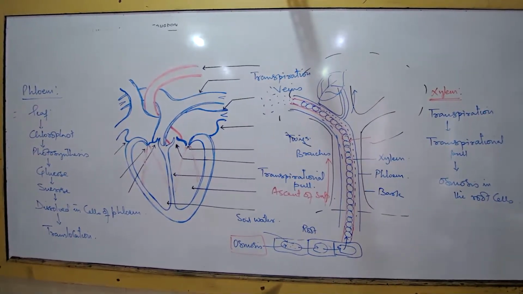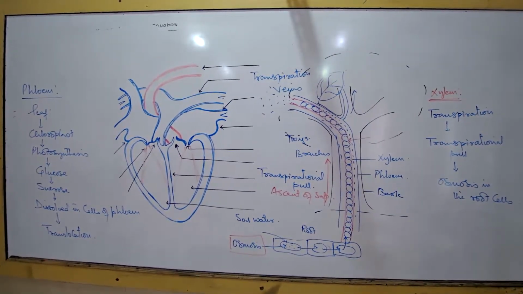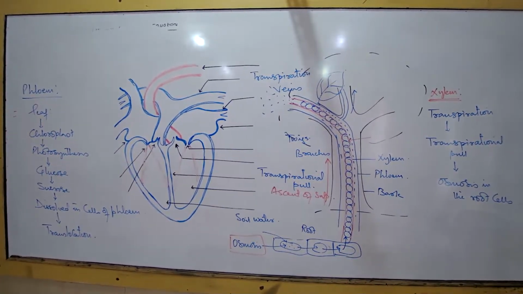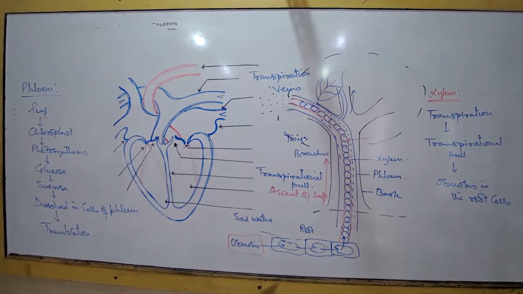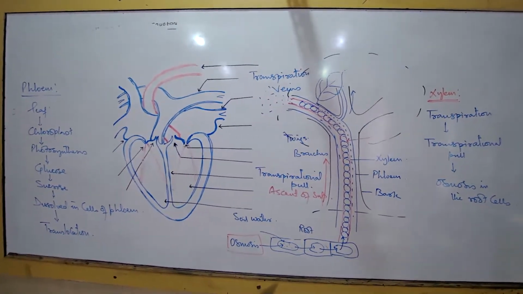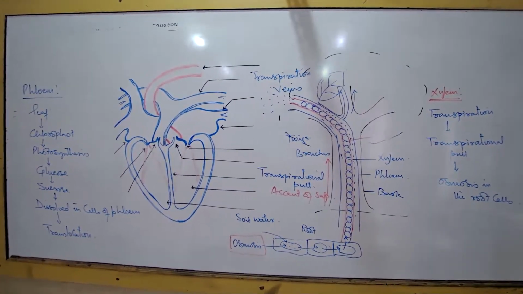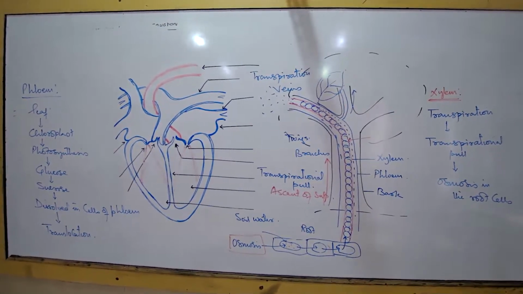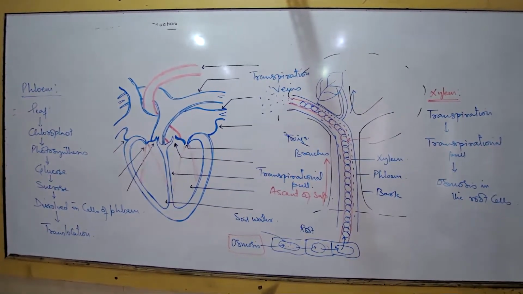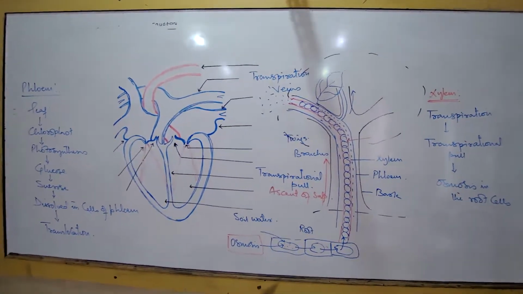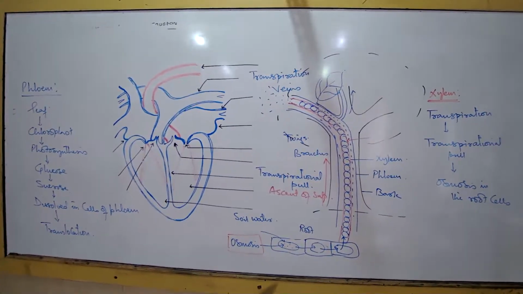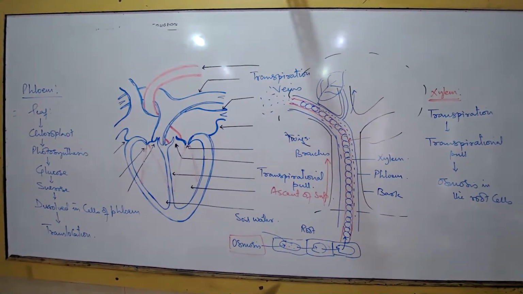The specialized structures on the leaf surface known as stomata release the excess water in the form of vapor.